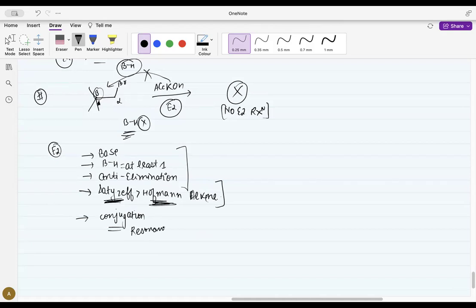We have done this question also. So this is our main crux of today's lecture, how E2 elimination goes.